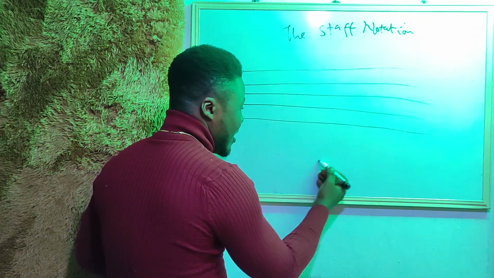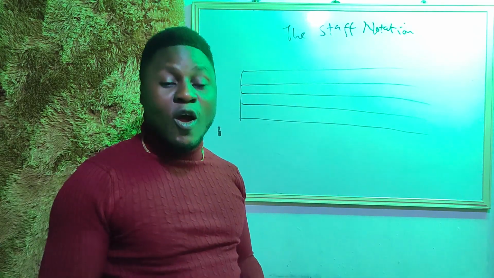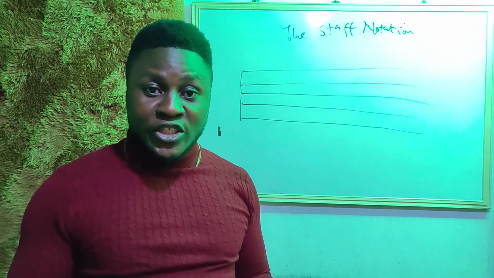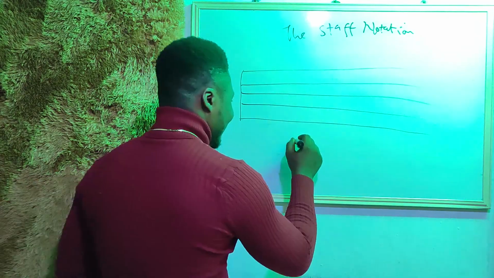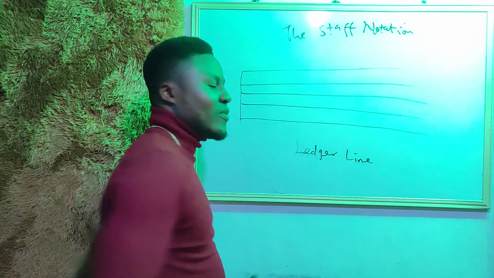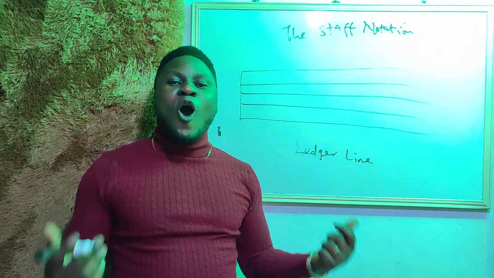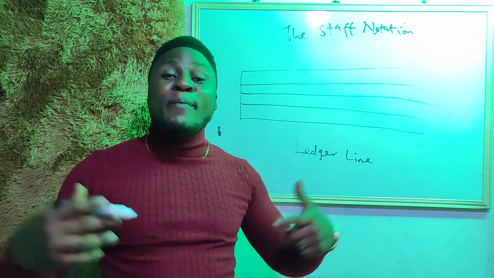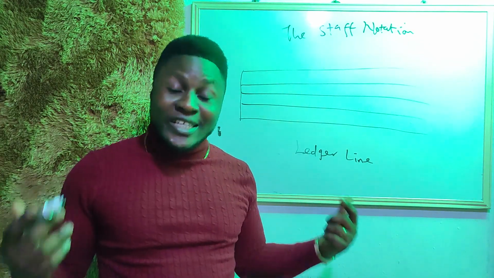Every space here represents pitch, and the space above the staff also represents pitch. This brought about what we call the ledger line. The ledger line comes with the concept of imaginary lines being drawn above or below the staff.